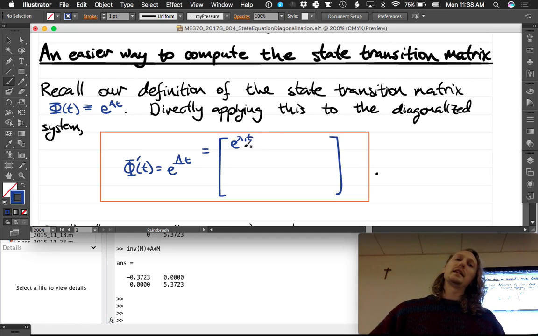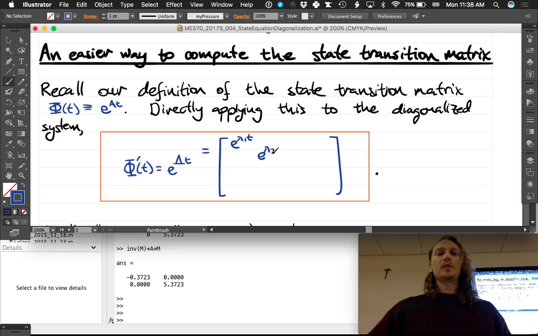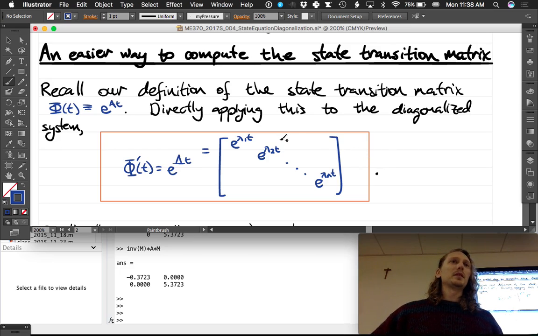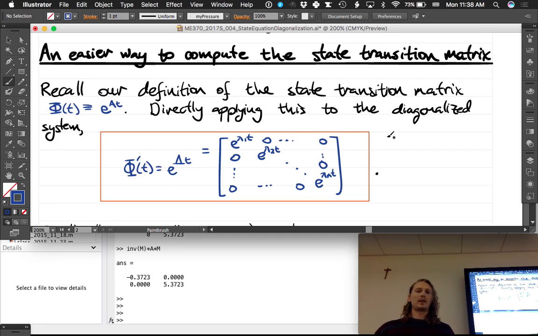So the first one is e to the lambda 1 t, the next diagonal term is e to the lambda 2 t, and then we go all the way down to e to the lambda n t. Okay? So that's pretty sweet. Everything else is 0. And that's our state transition matrix in the primed coordinates.